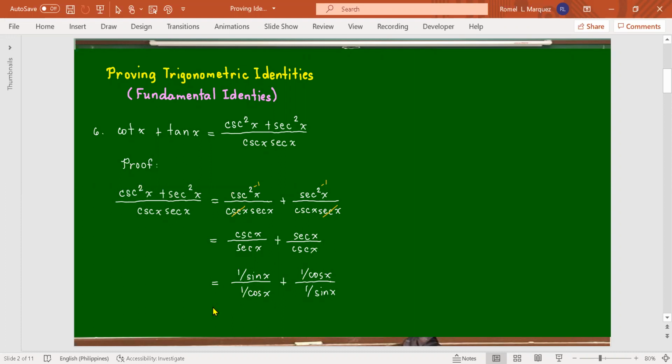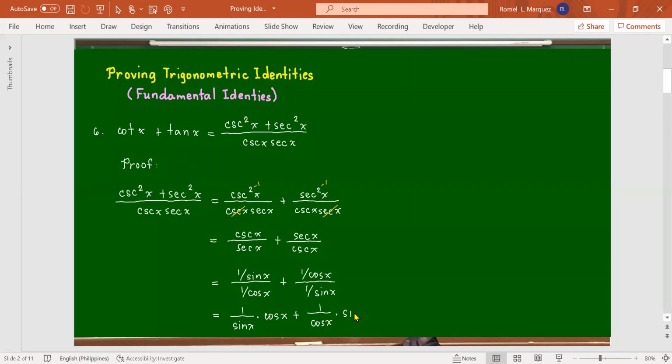This complex fraction, we can express as 1 over sine x times the reciprocal of 1 over cosine x. So that is cosine x. Plus 1 over cosine x times the reciprocal of 1 over sine x.